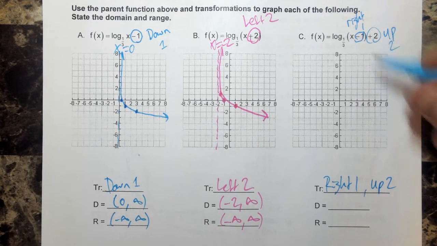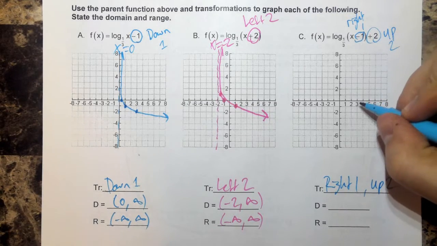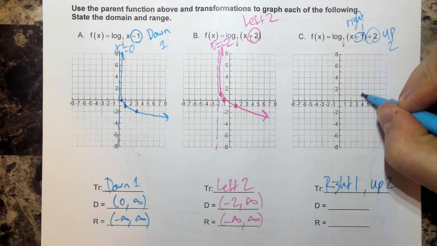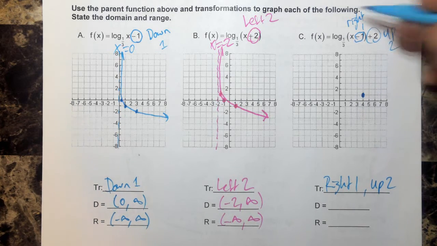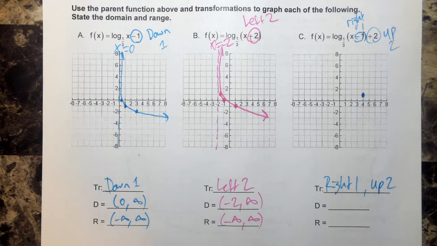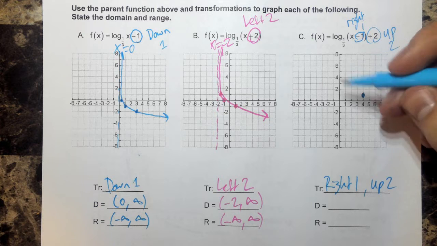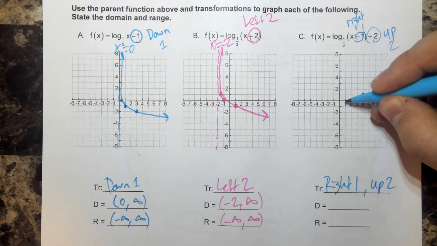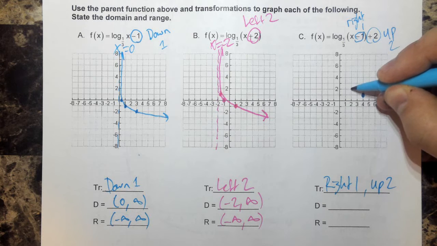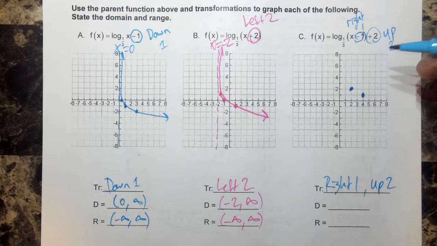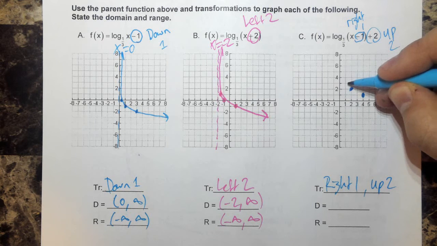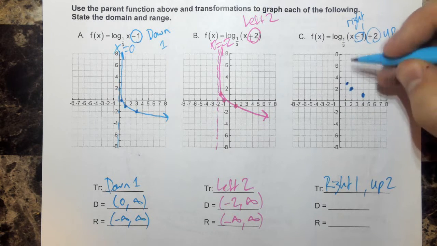That is the plan. So we'll take these points. (3, -1), we'll go up 2 and to the right 1. Doesn't matter which order you do these in, shifts up and down, left and right, doesn't matter the order. So then we've got (1, 0). Yeah, (1, 0) is going to go up 2 and to the right 1. And then we've got that (1/3, 1), up 2 and to the right 1, right there.